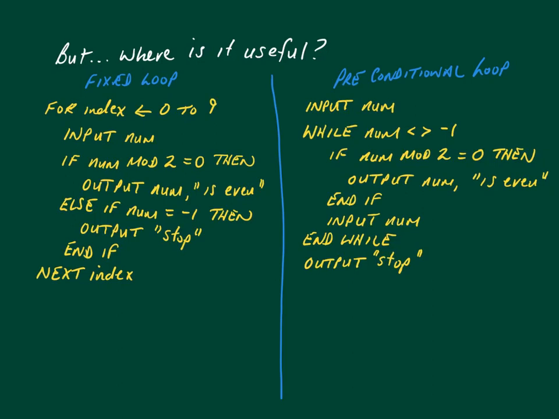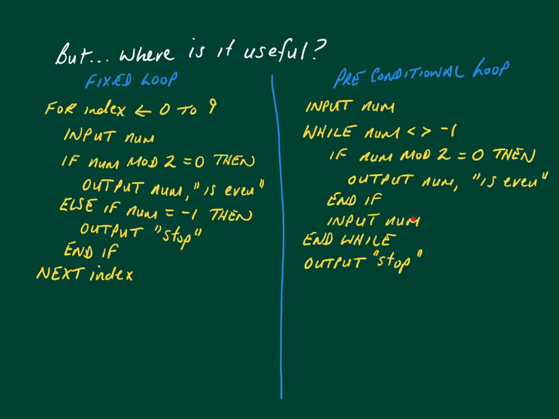In the second program, we've got the user entering their number first before we loop, and then we say while the number is not -1, so if it's -2 or 4 or anything that's not -1, it will check the number that's entered, divide it by 2, and if the remainder is 0, it will output that it's even.